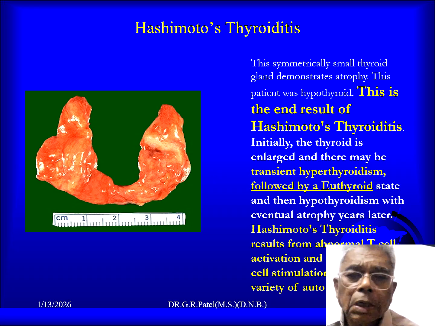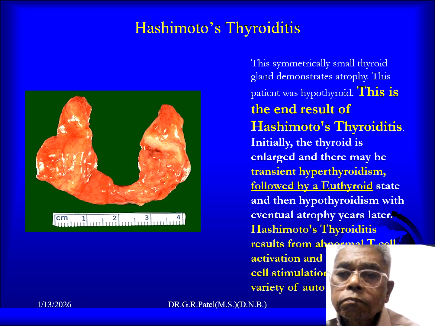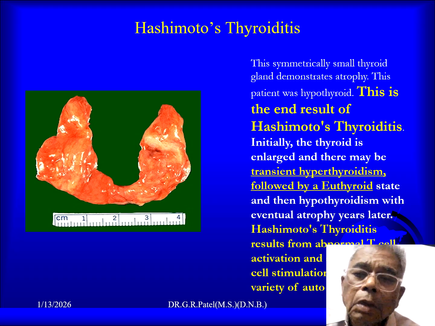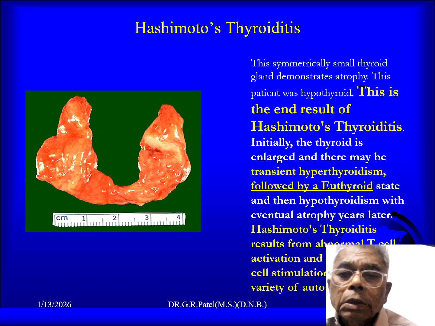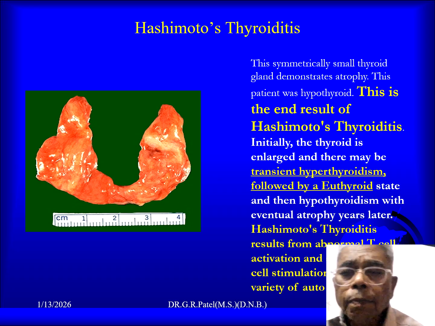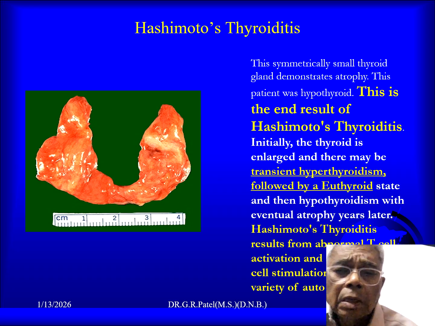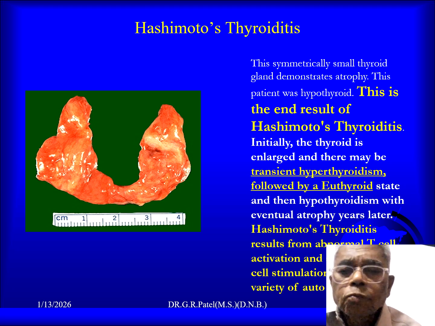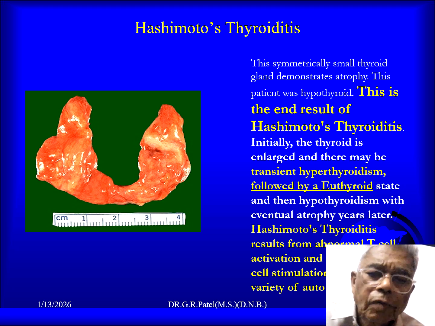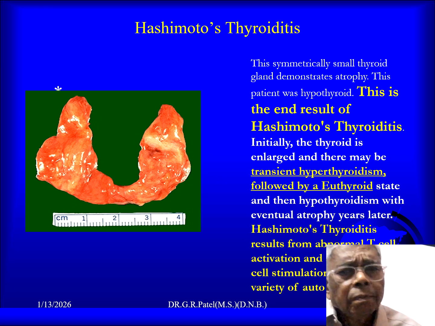Initially, the thyroid is enlarged, and there may be transient hyperthyroidism followed by euthyroid state, and then hypothyroidism with eventual atrophy years later. Hashimoto's thyroiditis results from abnormal T cell activation and T cell stimulation from a variety of causes, a variety of autoimmune disease.